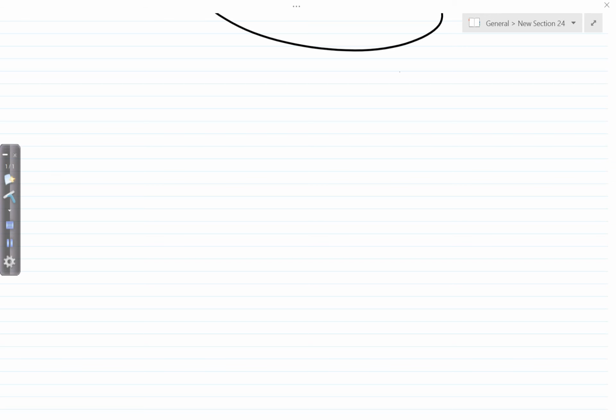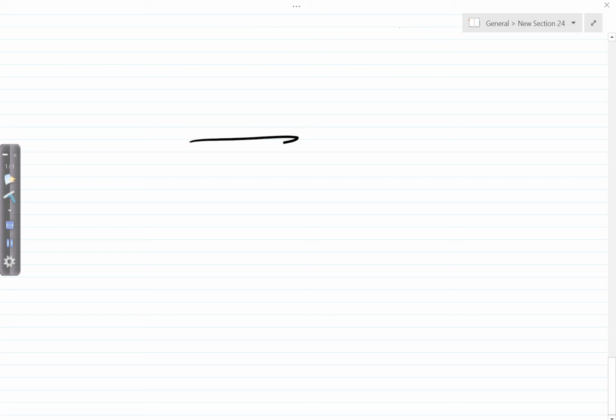Wait, what is a center of inversion first? Very simple. I'm just going to use this. I won't put in all the hydrogens. So let's say I have this molecule.